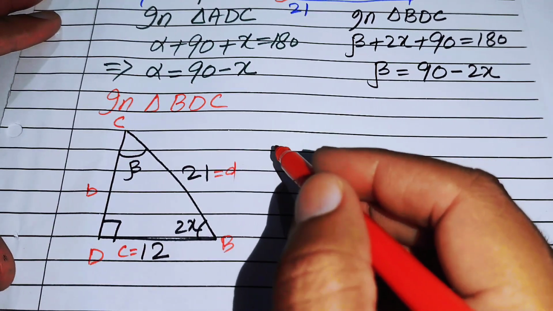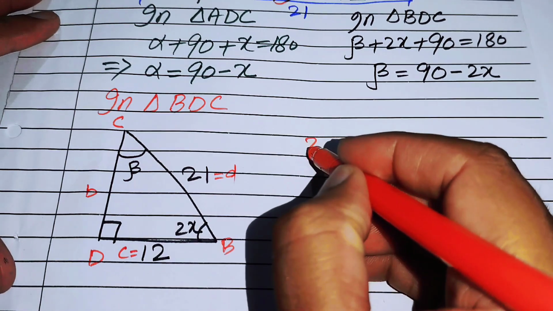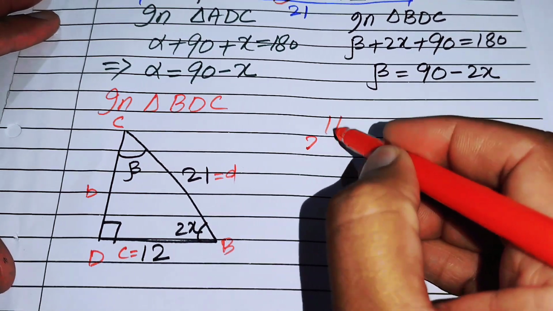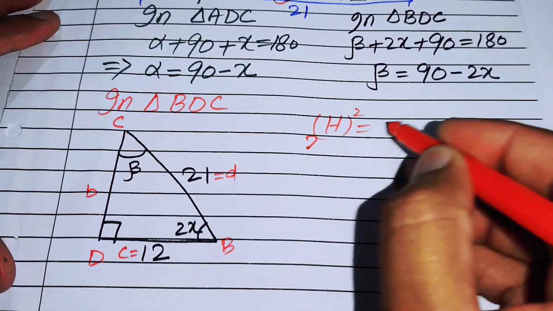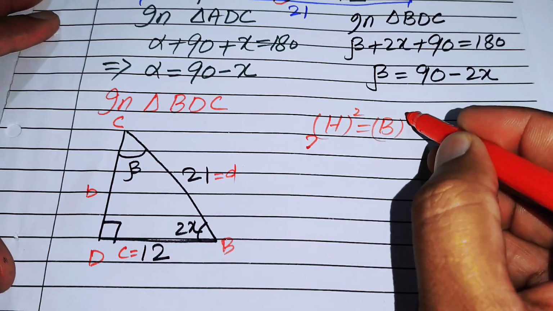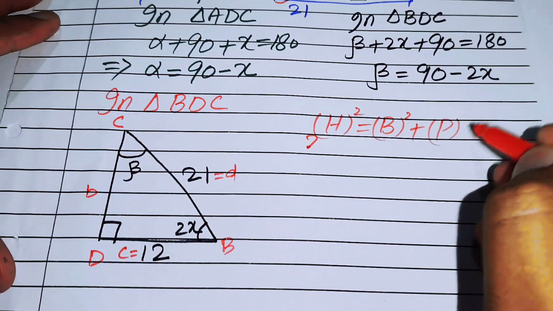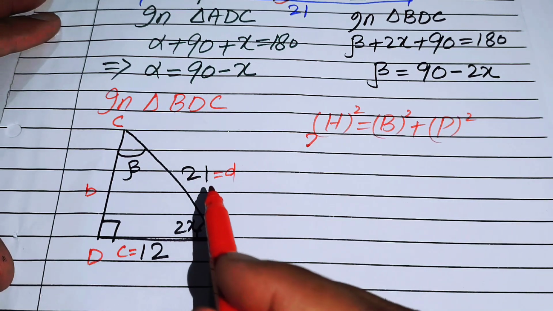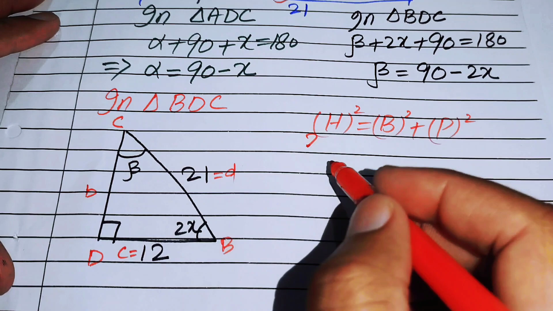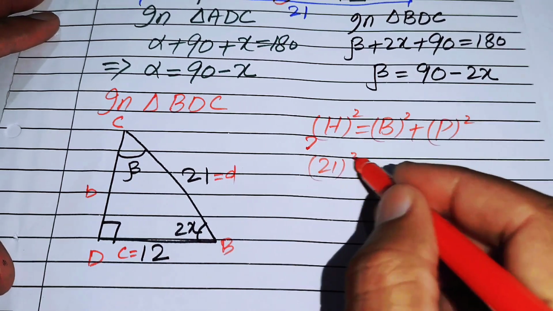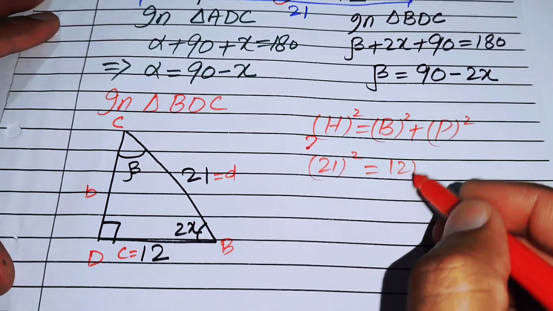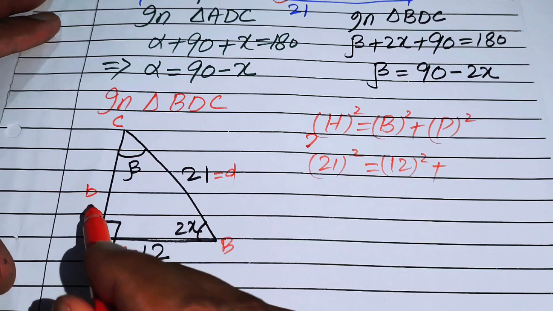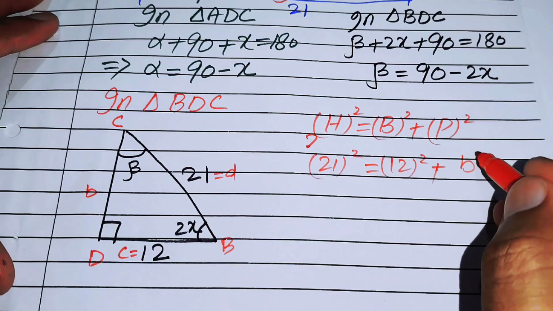According to it, hypotenuse square is equal to base square plus perpendicular square or altitude square. Here the hypotenuse is 21 square, our base is 12 square, and the perpendicular is b, so we can find the value of b.